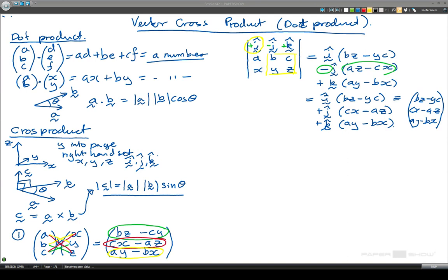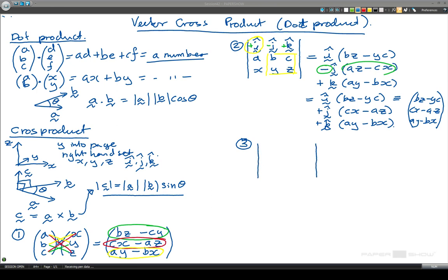The one final way I wanted to show, so if this is method 2, then method 3, this only works for 3 by 3 matrices, but it's a useful way, it's like the foolproof way of getting a 3 by 3 determinant.